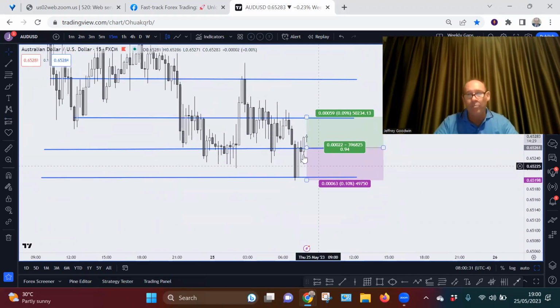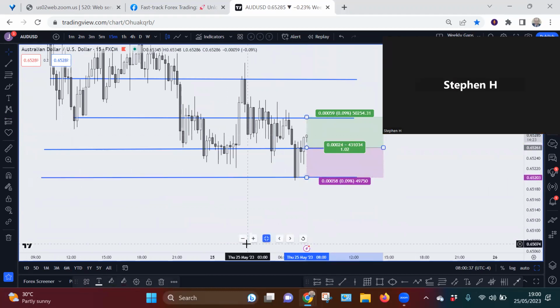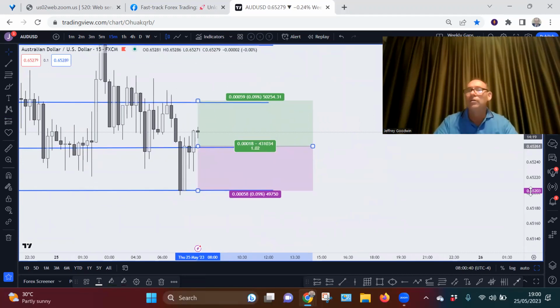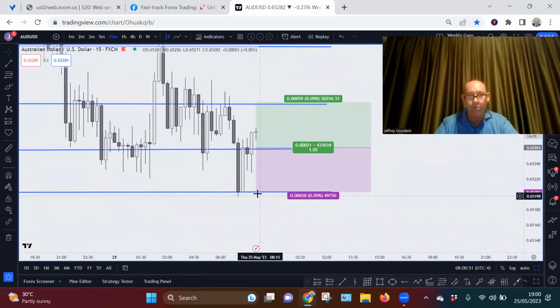If I risk 1%, how much am I risking? Of about £100. Yeah, okay, so that's all you lose. If you've got $1,000 or £1,000 and you risk 1%, it's 10. That's just the way it works. So right now, for example, at that support line, I put this down here.